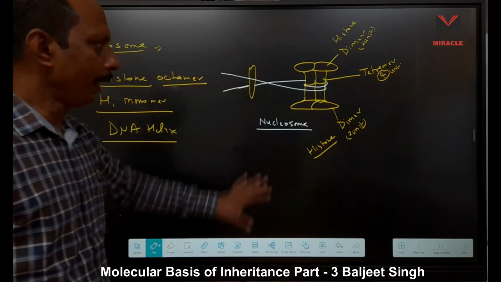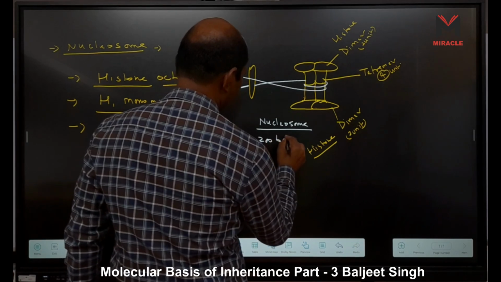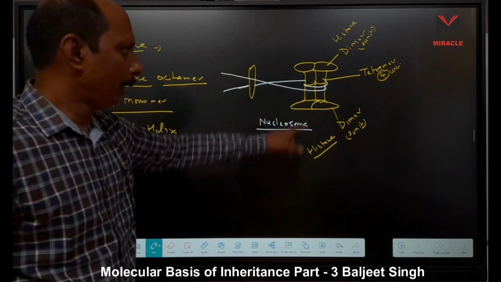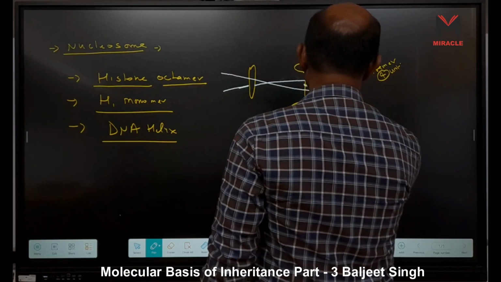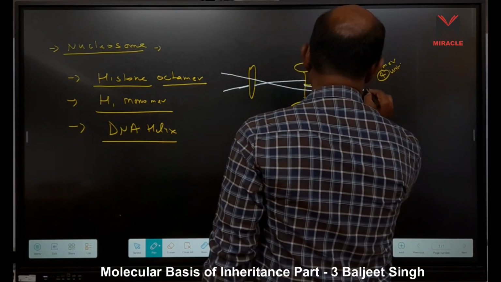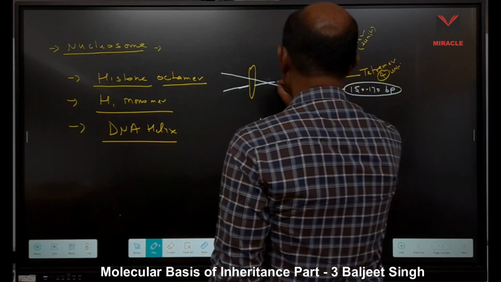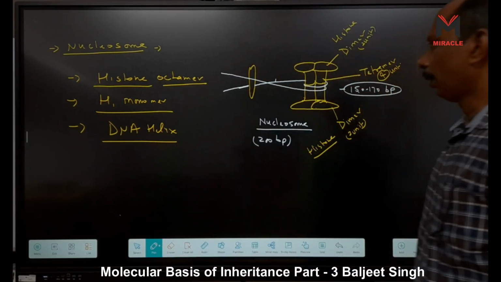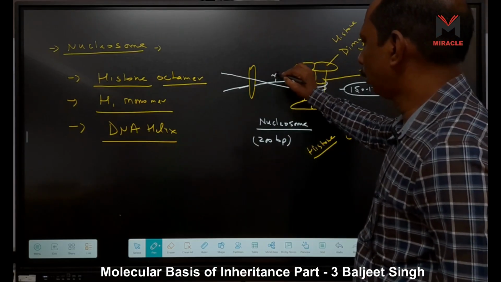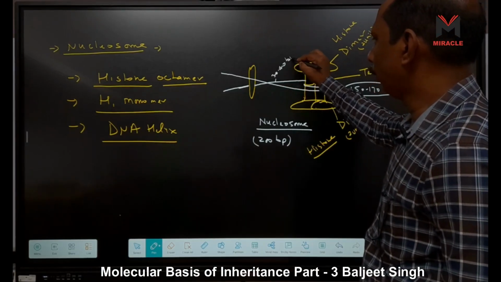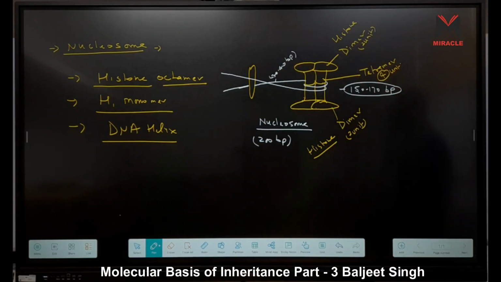Do you understand? It contains 200 base pairs. How 200 base pairs? This side contains near about 150 to 170 base pairs, right? And the remaining base pairs are here, near about 30 to 40 base pairs. So this is the nucleosome body, right?